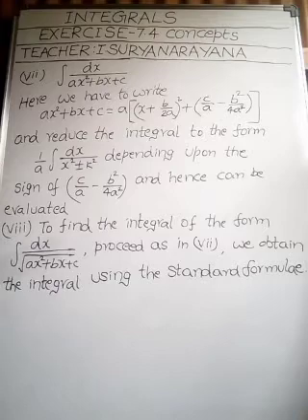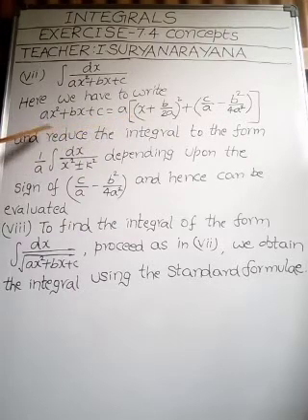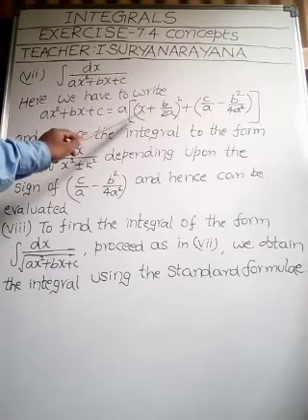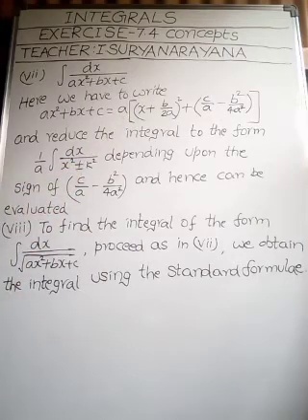In this case, to find the integral of this form, we have to write the given quadratic expression by taking the x square coefficient as a common factor outside, and we write the remaining part as a perfect square, by using the perfect square method.